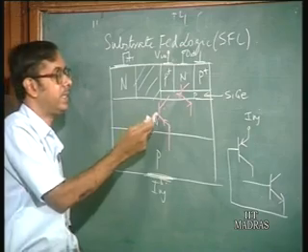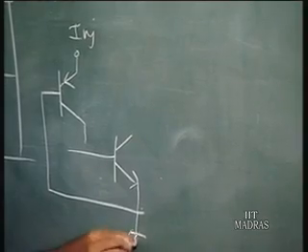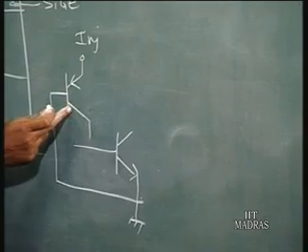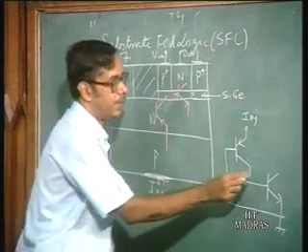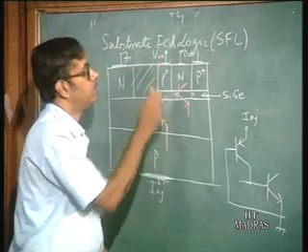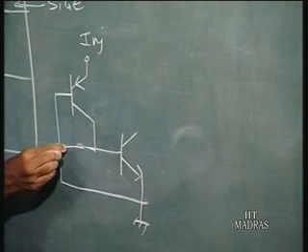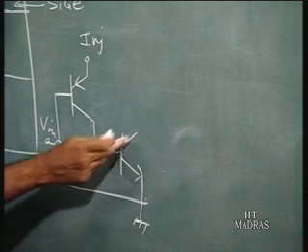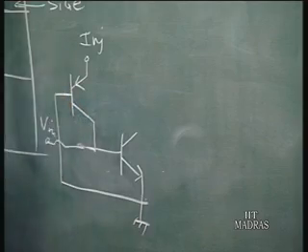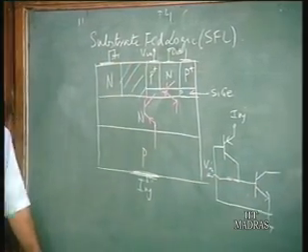This N region is grounded. The collector of the PNP is the same as the base of the NPN, and this is the input point V in. You can have multiple collectors like this. Just one collector is shown, but of course, you can have multiple collectors.